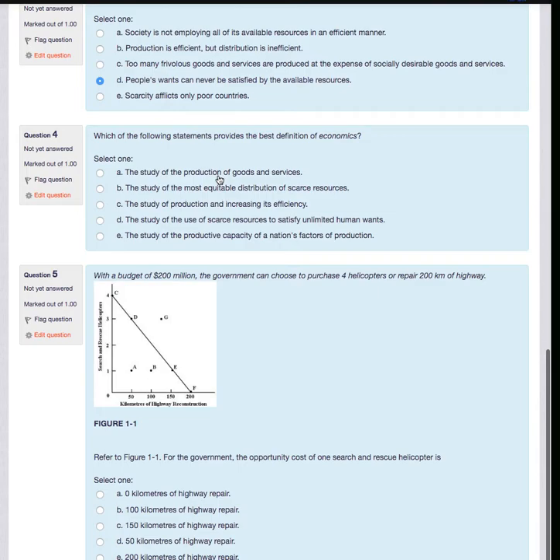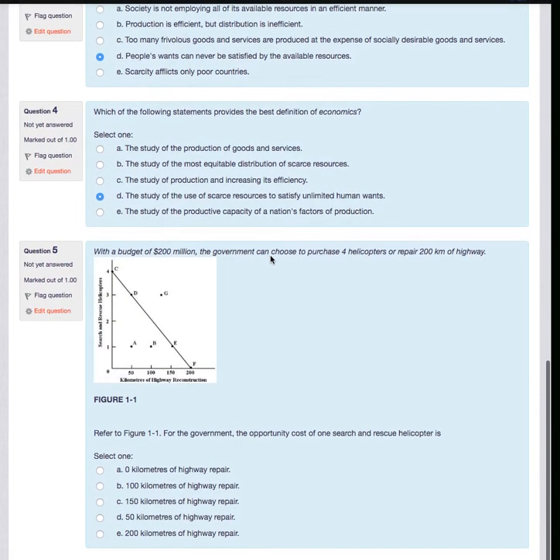The study of the use of scarce resources to satisfy unlimited human wants is the proper management of our scarce resources, whether it's our time or our resources, to try to satisfy as many of the wants as possible. So this would be the right answer. The study of the productive capacity of a nation's factors of production. We're not really talking about productive capacity.